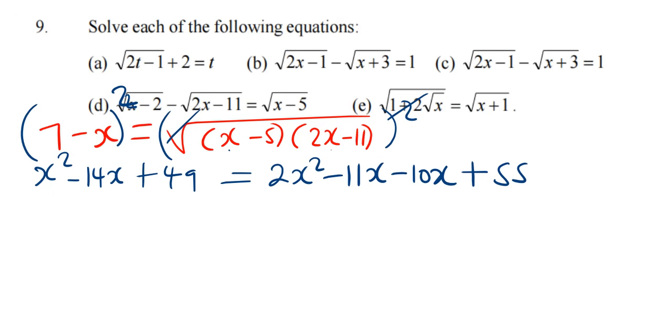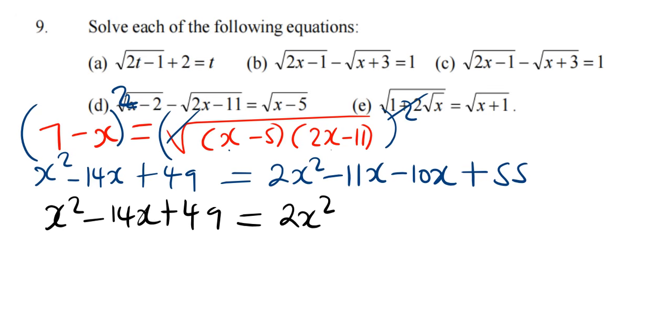Okay, so it's just a matter of putting like terms together, then we solve. Okay, so here we've got negative 11x minus 10x, which gives negative 21x. So I'm going to have x squared minus 14x plus 49 is equals to 2x squared minus 21x plus 55.